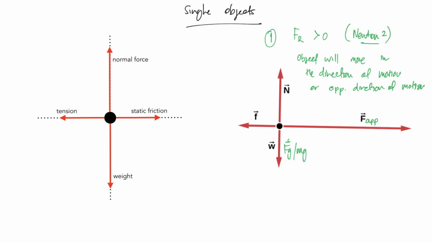If you have an object and all the forces are equal, so your resultant force, your second situation, if the resultant force or F res is equal to 0, that means that the acceleration of the object is equal to 0 meters per second squared. It means that it's moving at a constant velocity, essentially, right?